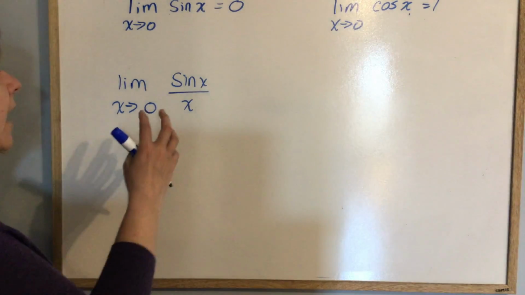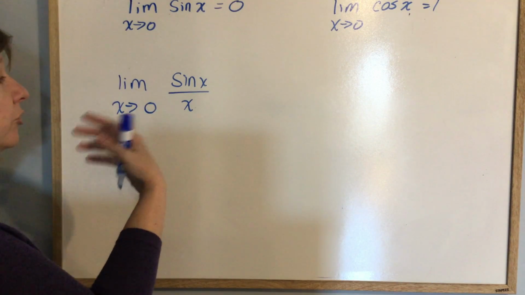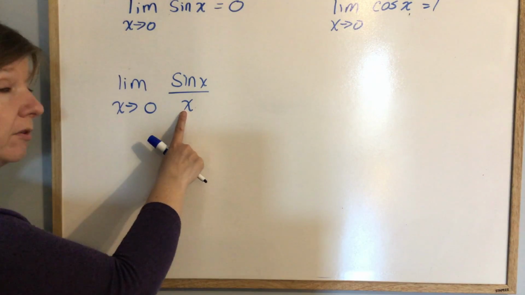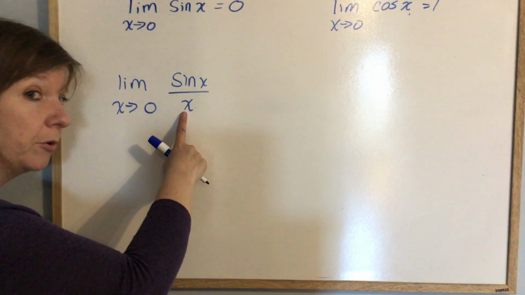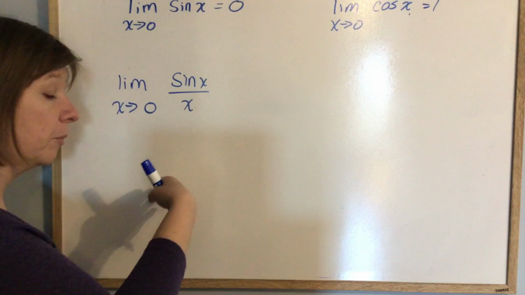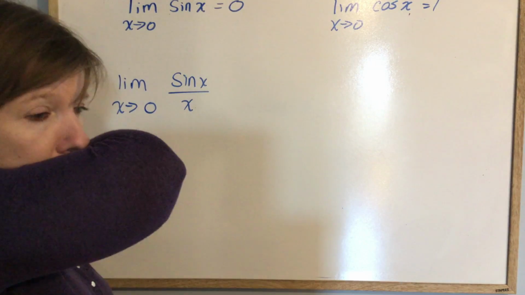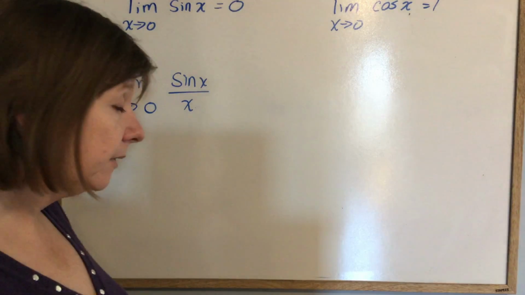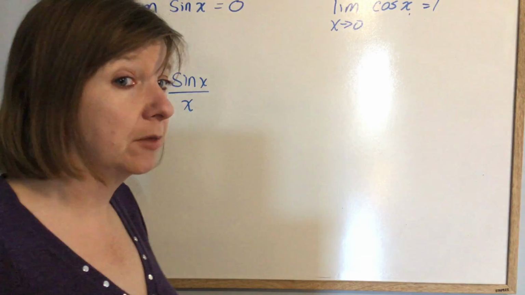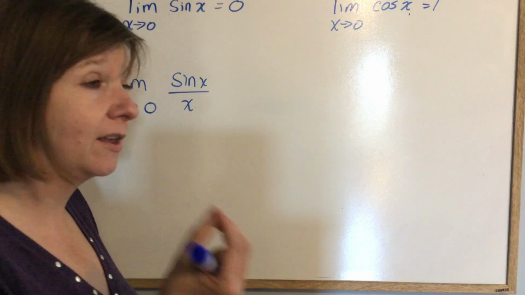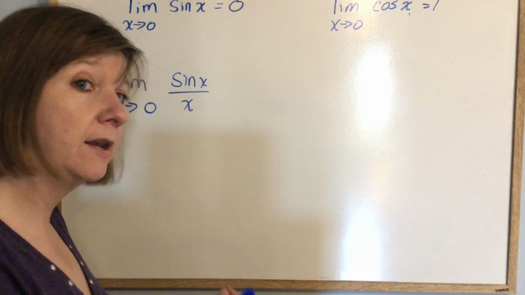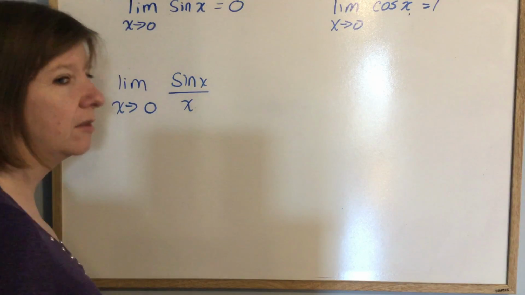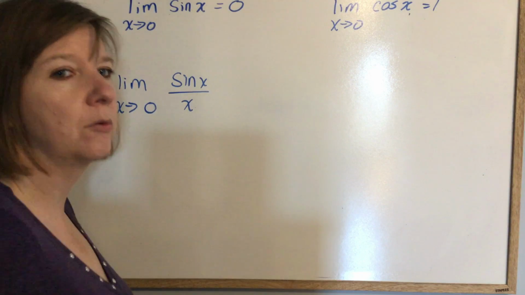Now they want to know as you approach 0, and we know we can't put 0 in here because that would put 0 on the bottom of a fraction. So you can't put 0 there, but you could put something close to 0 there. Again, your calculator would have to be in radians. So you'd pick like 0.01 or 0.001.